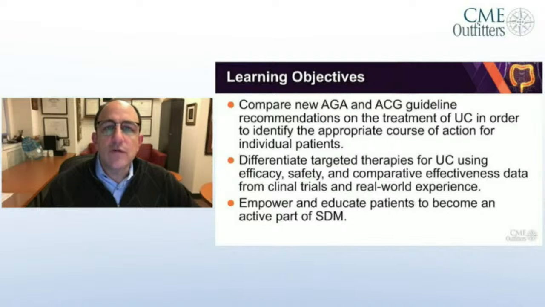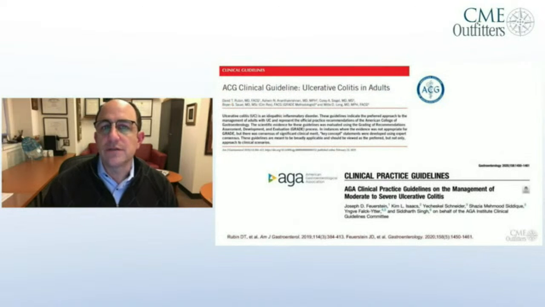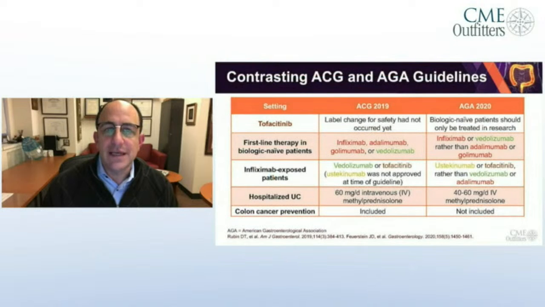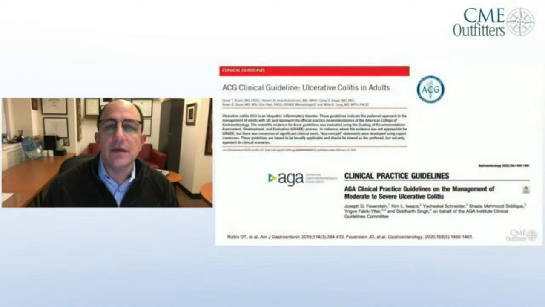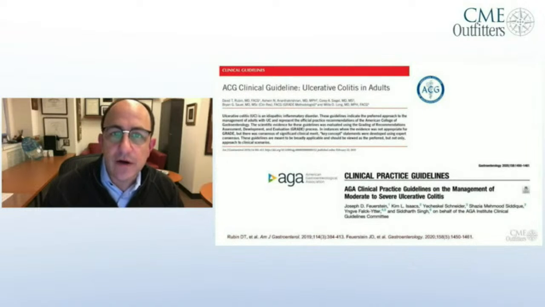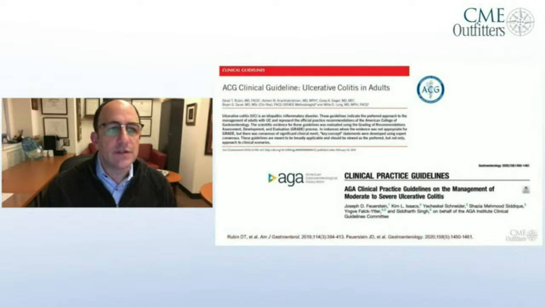So let's begin with our first two learning objectives and discuss the ACG and AGA guidelines, as well as some of their differences. The ACG guideline actually came out in April 2019. The AGA guideline came out more recently in this year, and both have a variety of similarities as well as some differences.